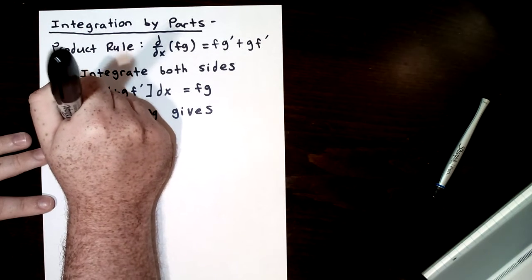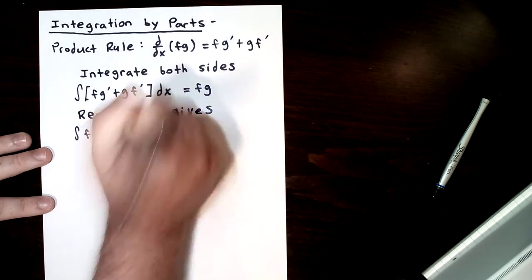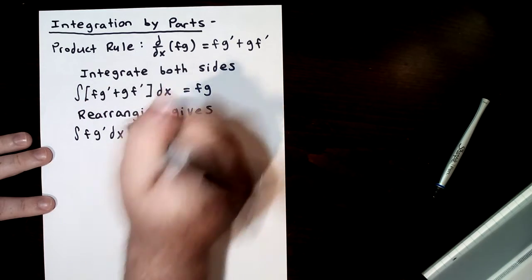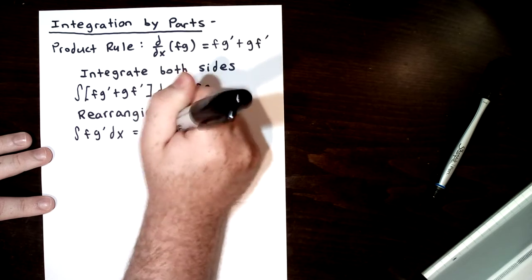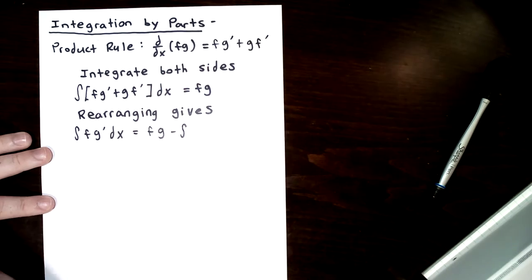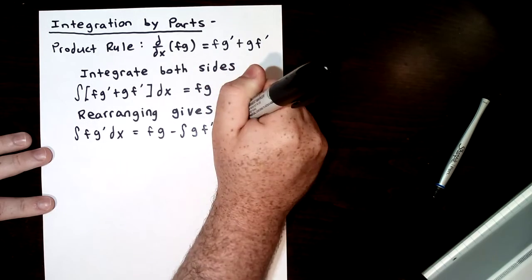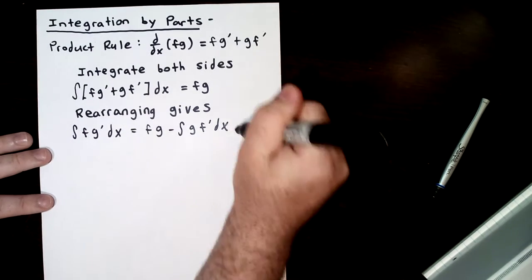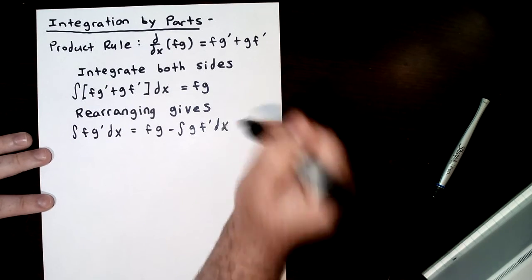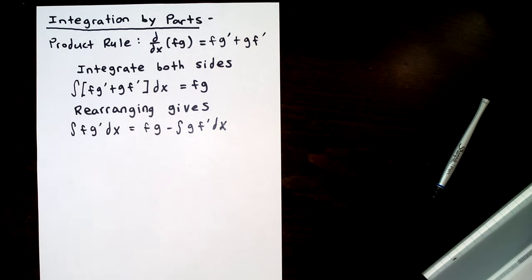We're going to have the integral of fg prime dx, and that's going to be equal to f times g minus the integral of g f prime dx. So I'm going to use some suggestive notation here, and I'm going to rewrite this formula, but this is the integration by parts formula.